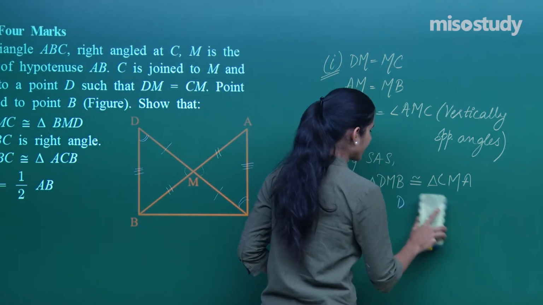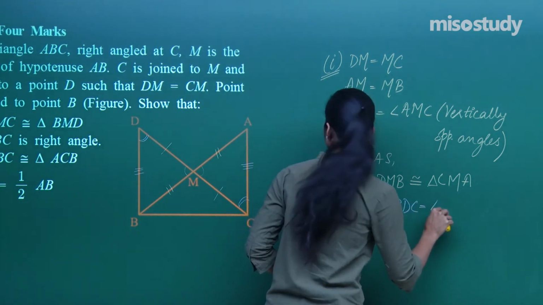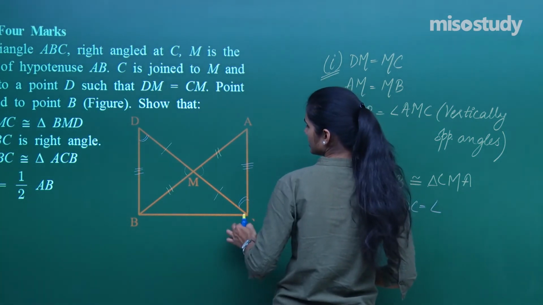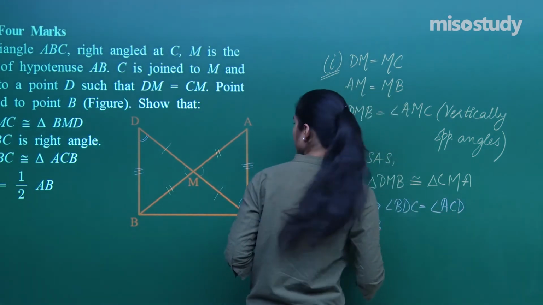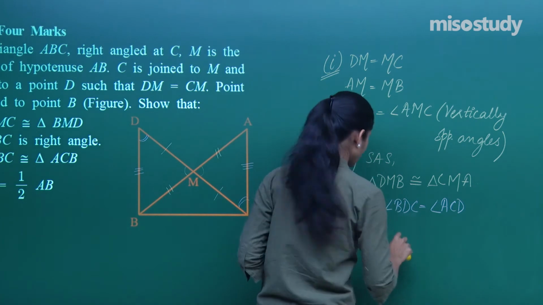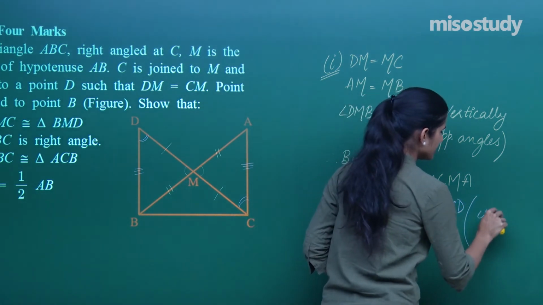So let me write this angle BDC, try to write it fully, angle BDC is equal to angle ACD. And I also have BD is equal to AC. This is by CPCT.